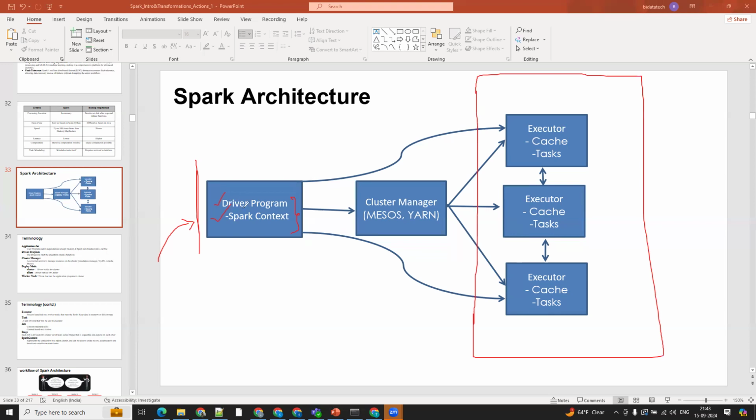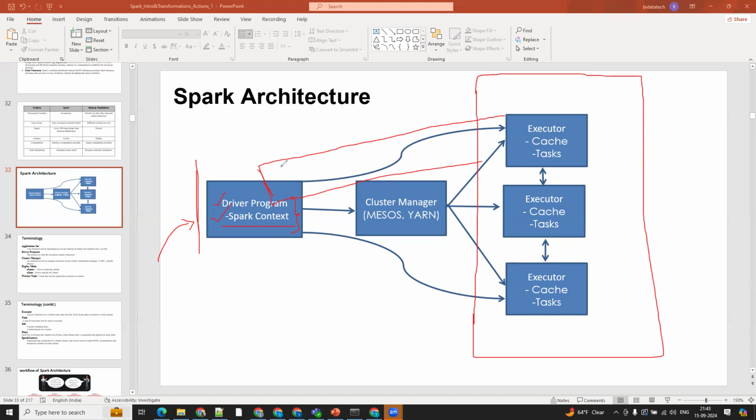That's it. You cannot even touch this one. When you submit a program here, this system has to establish the connection with this particular cluster, right? That is what this is going to do.